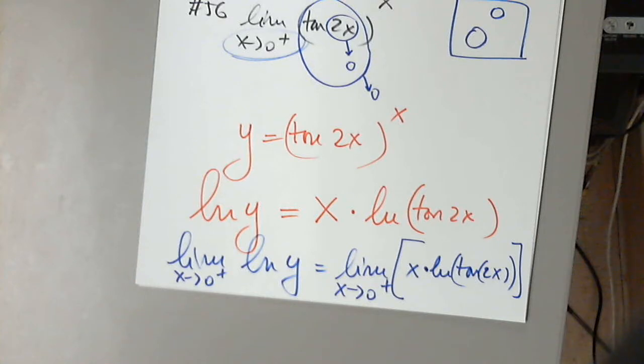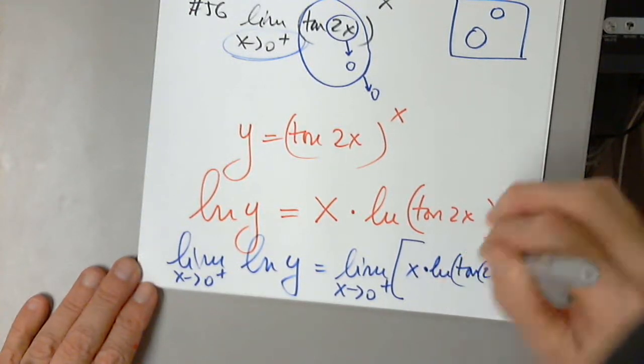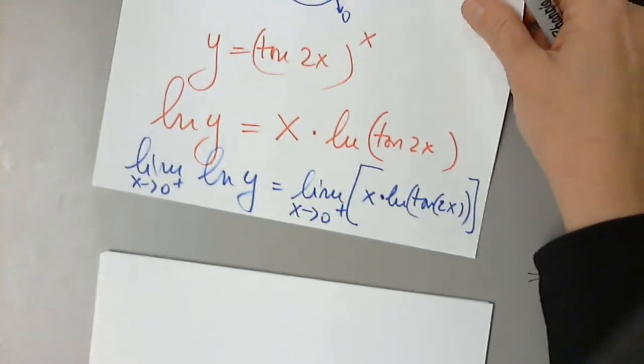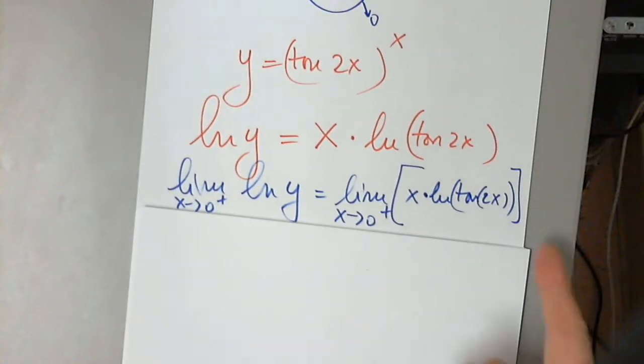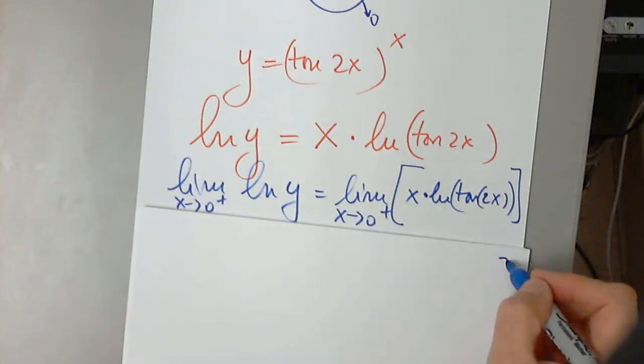I'm not there yet. I will find the limit of natural log y, whatever I get, and then I swap the operators and draw a conclusion. Ready? So forget about that idea for now. We're worried about this, the limit of x times natural log.